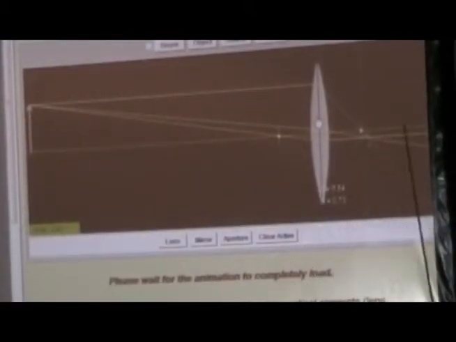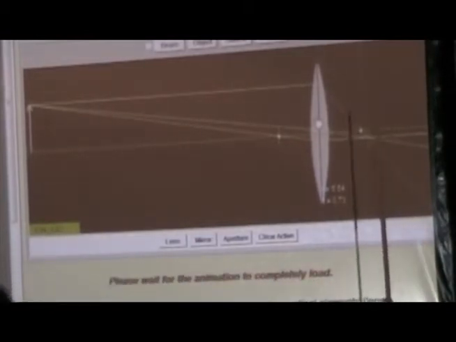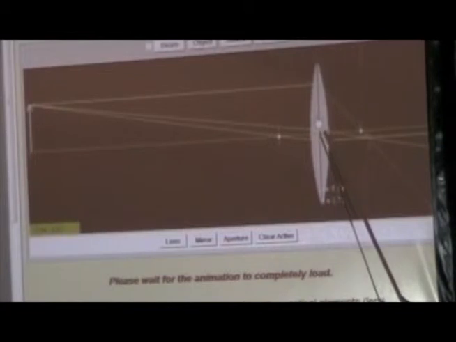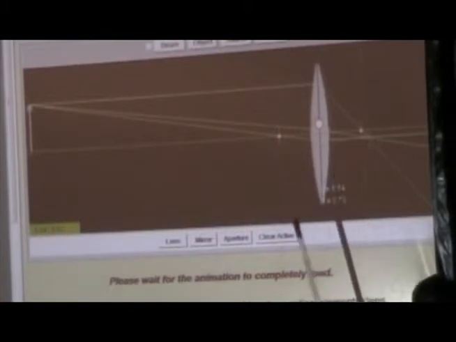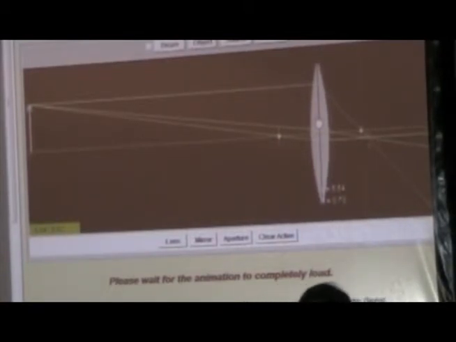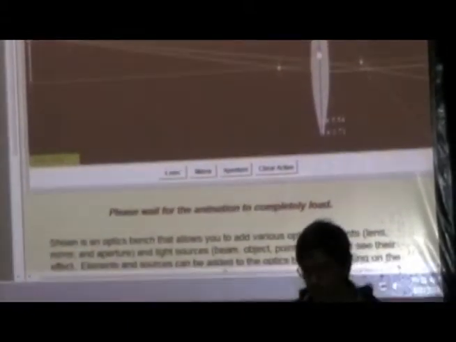So when the eye is relaxed, when the crystalline is relaxed, then the focal point of the eye is right on the retina. Okay? Now what happens when you focus on an object that is not at infinity but closer?